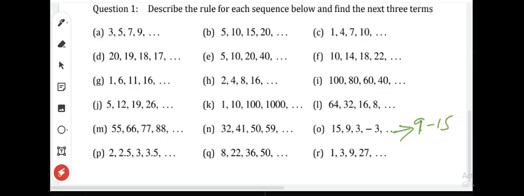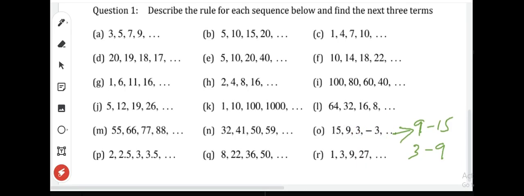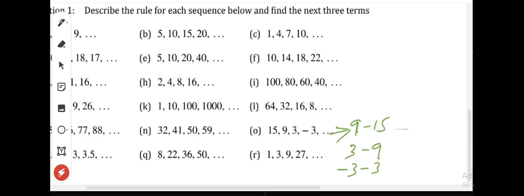It will be the same thing as saying third minus second, which will be 3 minus 9, or fourth minus third, which is minus 3 minus 3. That's minus 3 minus this 3. If you look at all of them, 9 minus 15 is minus 6. 3 minus 9 is minus 6. Minus 3 minus 3 is minus 6. So whichever one we use, you will get the same common difference, which is d.